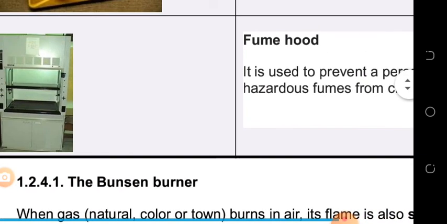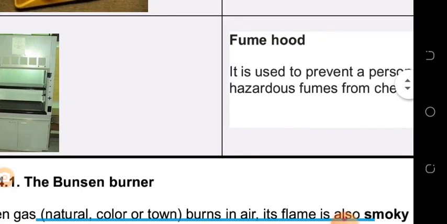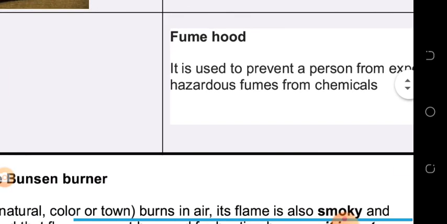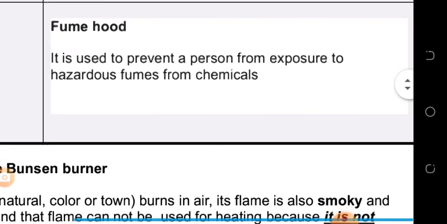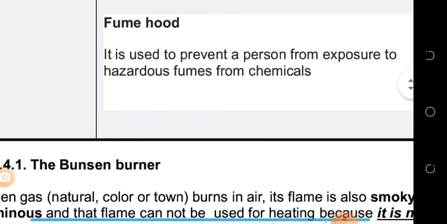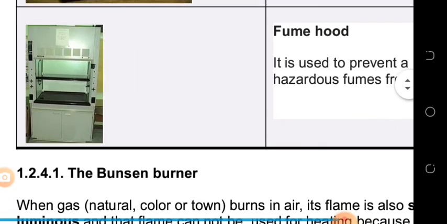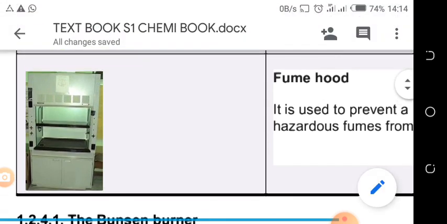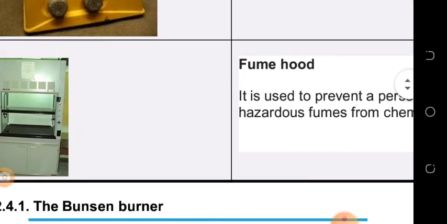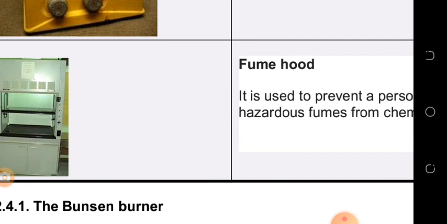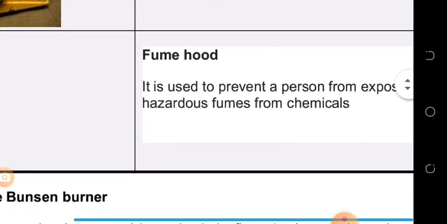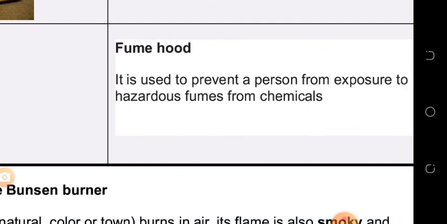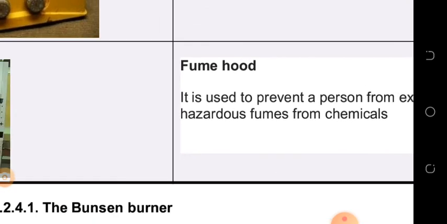Fume hood: used to prevent the person from exposure to hazardous fumes from experiments. So this one is very important because when you are performing an experiment that produces toxic fumes, for example burning nitrate compounds which produce nitrogen dioxide, which is very toxic to living organisms, especially the human performing the experiment.